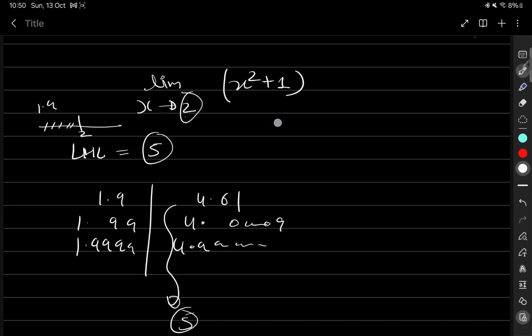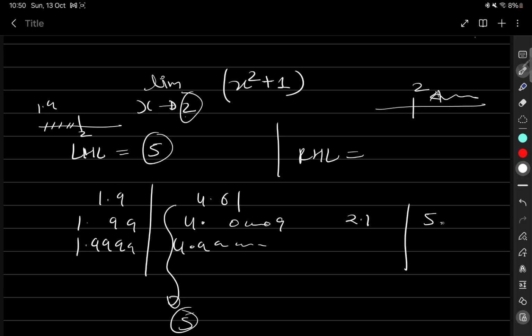Okay, fine. What about RHL? Like this one is 2. Let's take 2.1. At 2.1 I get 5.001 something. If I put 2.01, if 2.001 I'll take, then I'll get 5.0001 something. Means I'll get more value than 5, but very less.